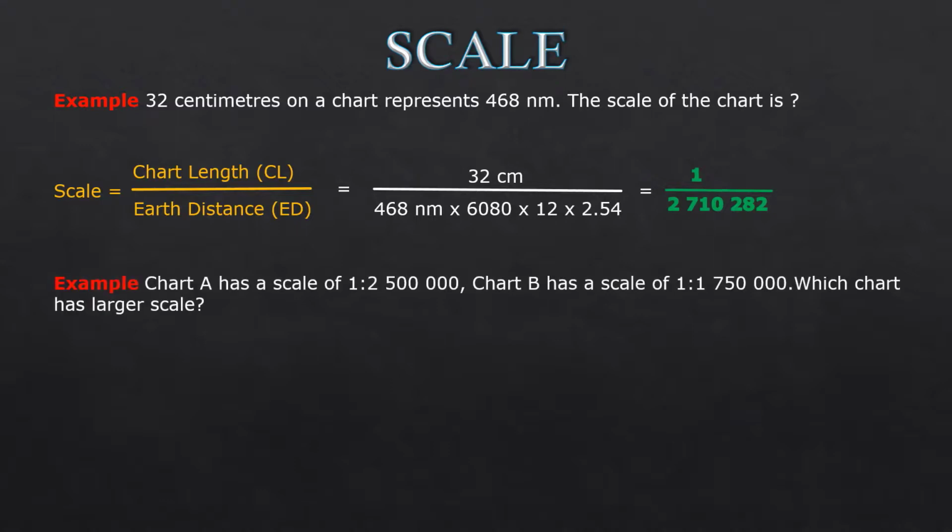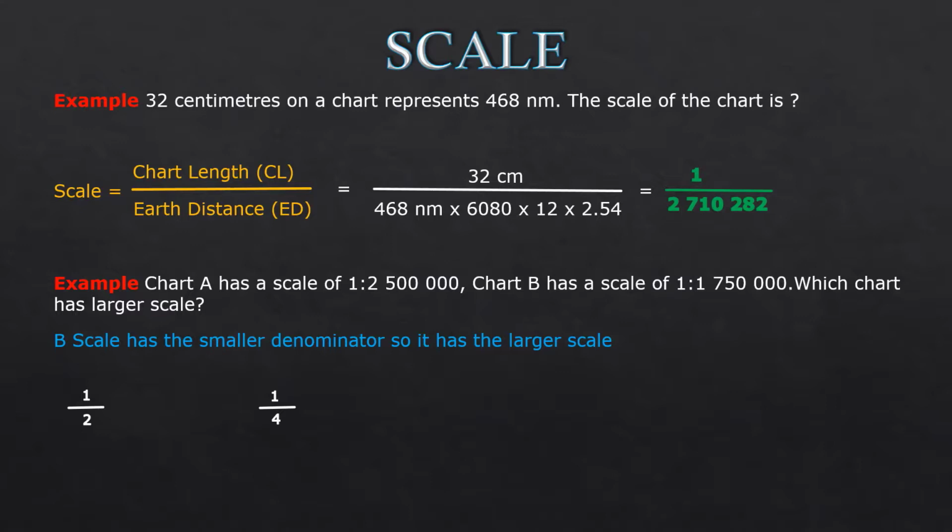Next example, there are 2 scales given in the question and it asks which scale is larger. So for the answer, B scale has the smaller denominator, so it has the larger scale. How can we know that the smaller denominator gives a larger scale? We'll take one example. Suppose there are 2 scales. The first is 1 by 2 and the second is 1 by 4.